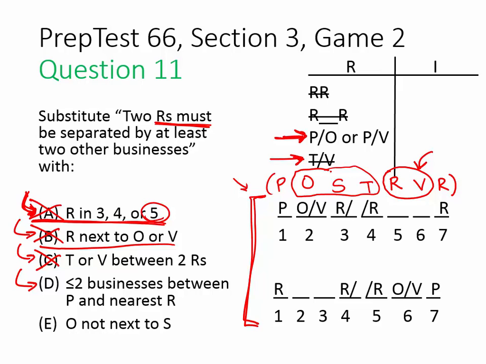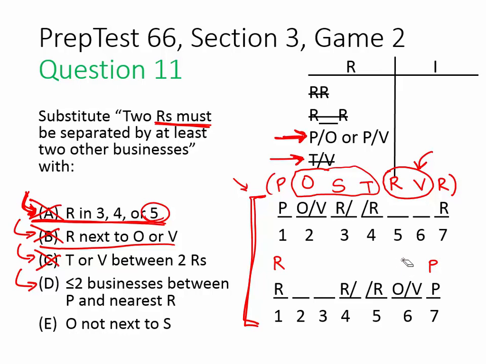So if we have, say, 0 businesses in between the two. So let's say we have R, P. Right off the bat, you can see that there's not going to be any way to put an O or a V next to our P. So that's not going to work.